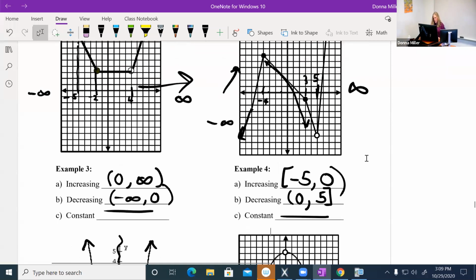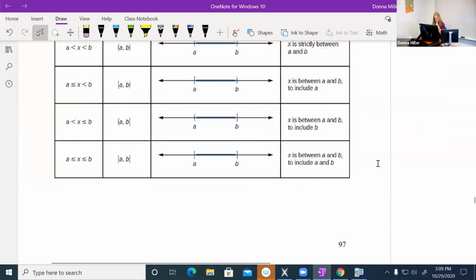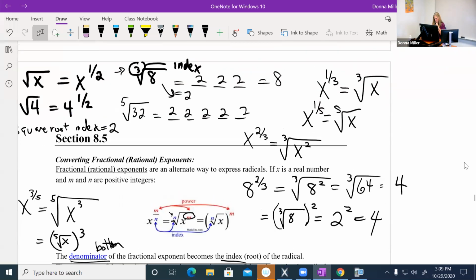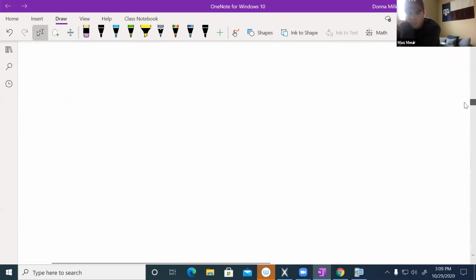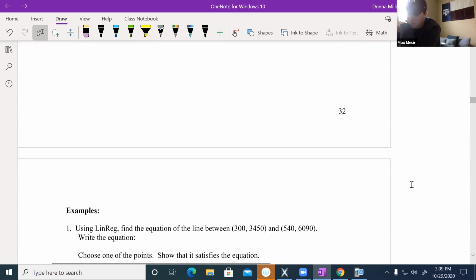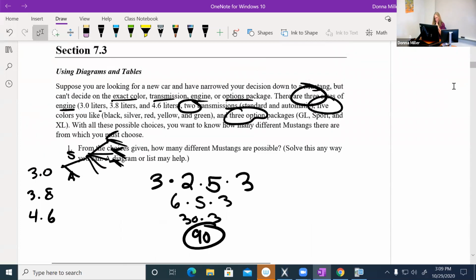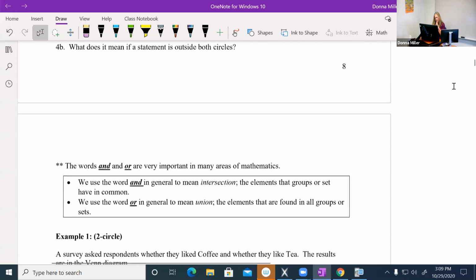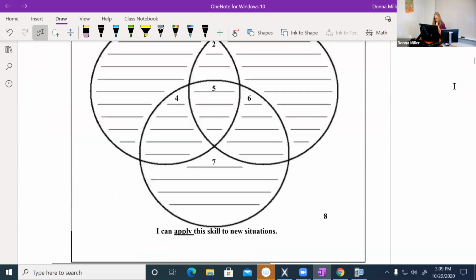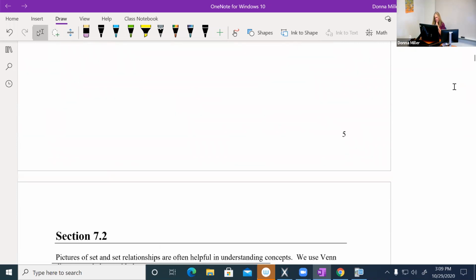All right, so we're going to go up to page, where is it? We're going to talk about matrices today. We're going to talk about doing them by hand and with a calculator.